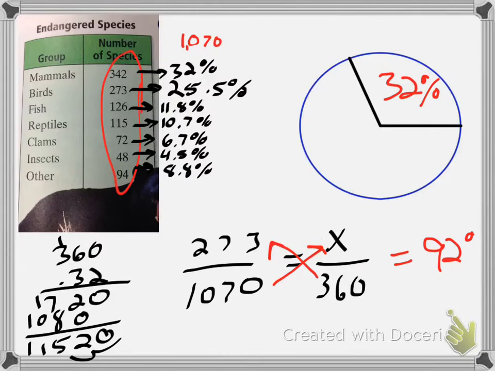So now we can actually measure out 92 degrees, which would be something like this. That's my 25.5%.